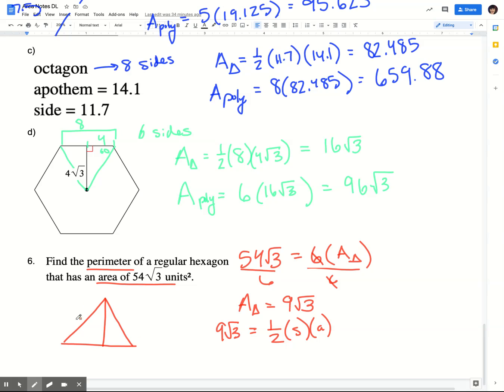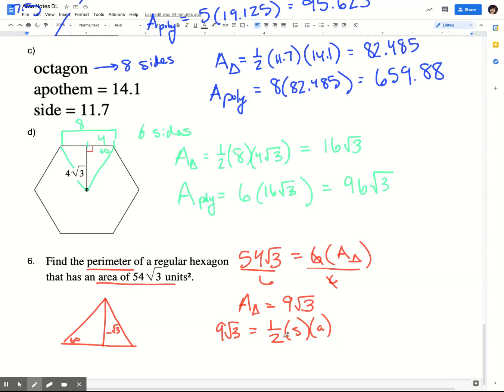So I know that the area of this isosceles triangle, this whole thing, is 9 root 3. I know that this is 60. So what that means is that this height right here is going to have a root 3 on it. It's going to be some number times a root 3.